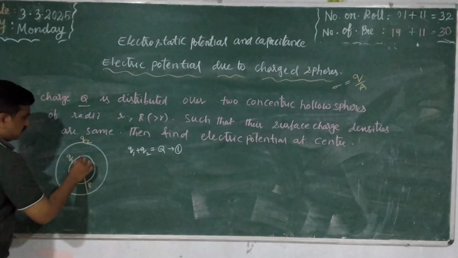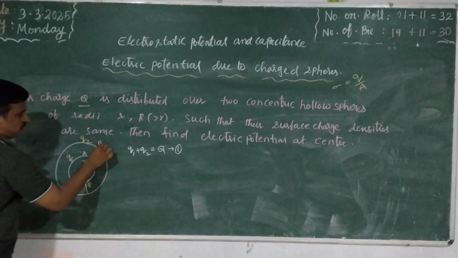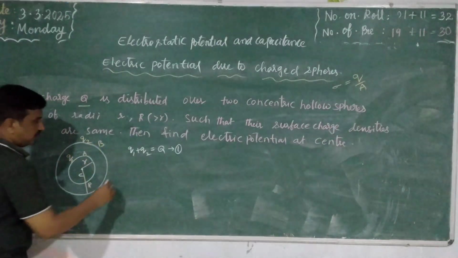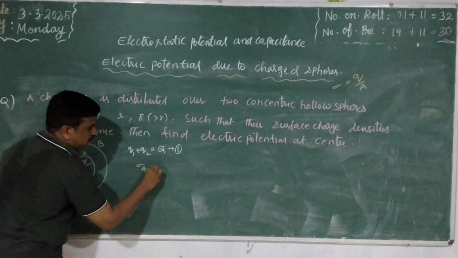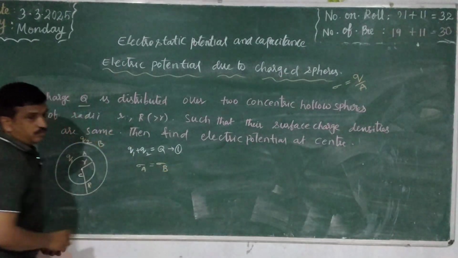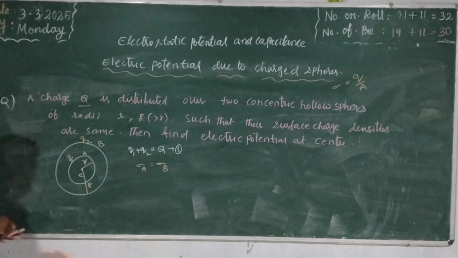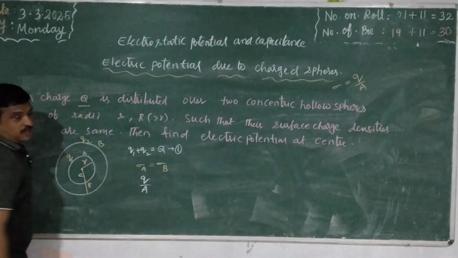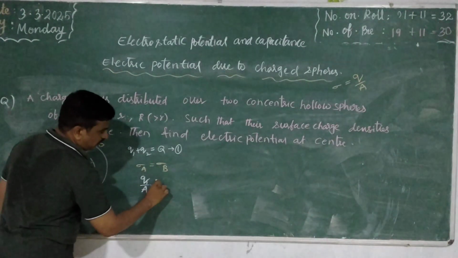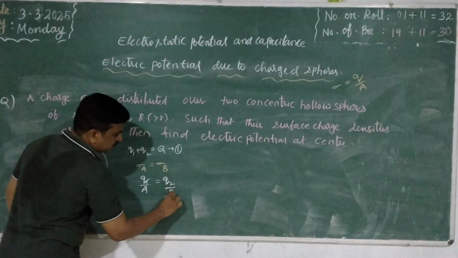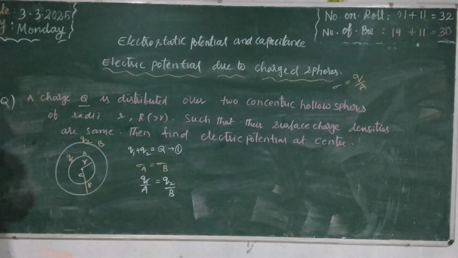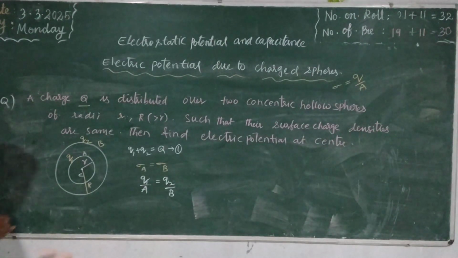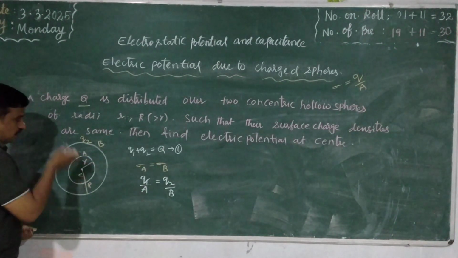Here the surface charge density of sphere A and sphere B are the same, so sigma A equals sigma B. Sigma A means charge per unit area. The charge is Q1 and the area is A, so Q1 by A, and for the second sphere Q2 by B. Surface area means 4 pi r square, where one radius is small r and the other is capital R.